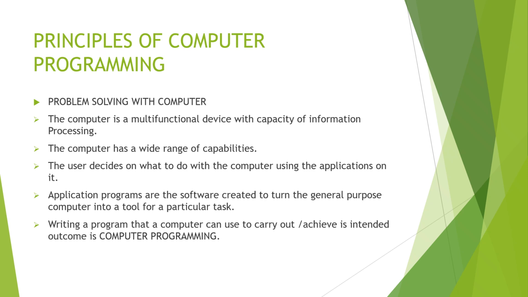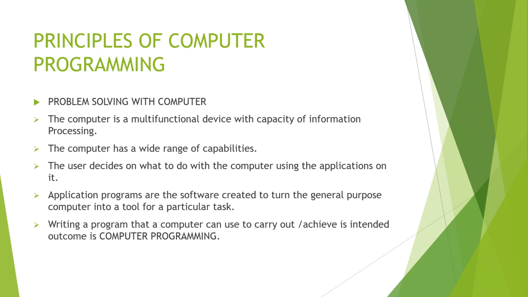And it has a great range of capabilities to perform all these functions. These functions depend on how you and I, the users, use the applications that have been embedded into this system, the applications that have been installed into the memory. I know you've talked about application programs. By now you know what application programs are.